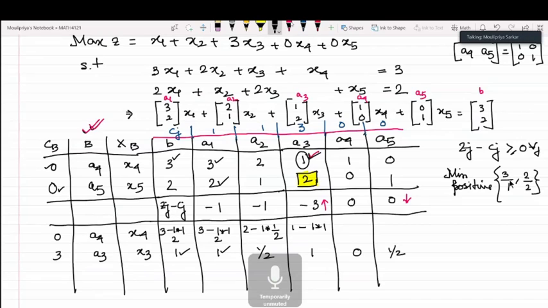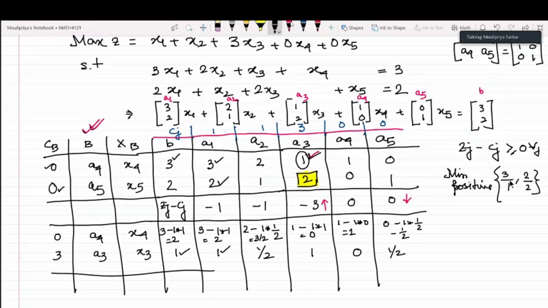This is 3/2. This would be 1 minus 1 into 0. It is 1. Finally, we have 1 into half. That implies we have minus half. I hope you all are okay with the calculation.